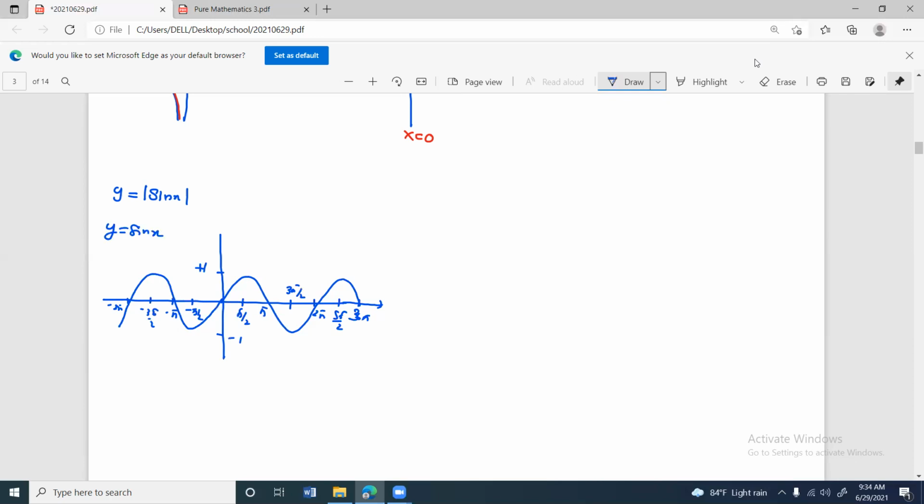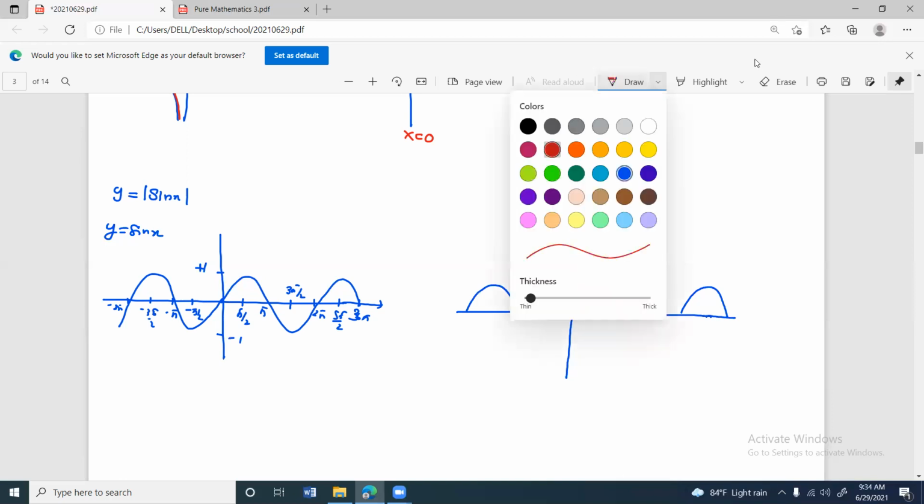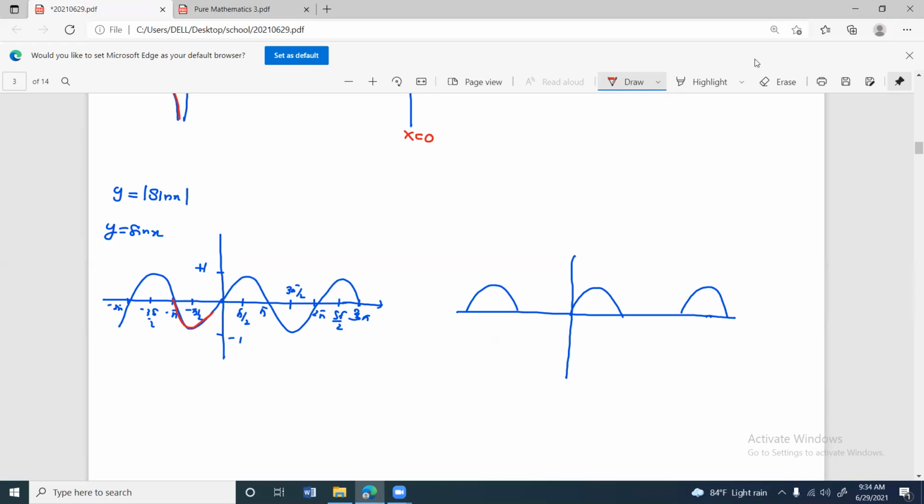Right. Then if you draw this modulus graph, it doesn't make an impact on this positive part of the graph. It doesn't make an impact over here. And here also, it doesn't make a problem. Only the issue comes with this negative part of the graph, these parts, these ones.